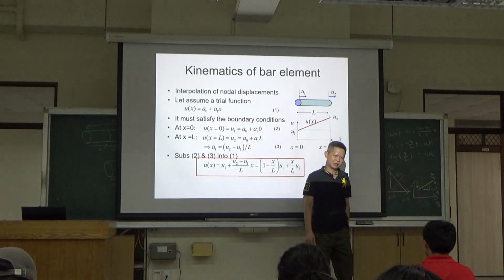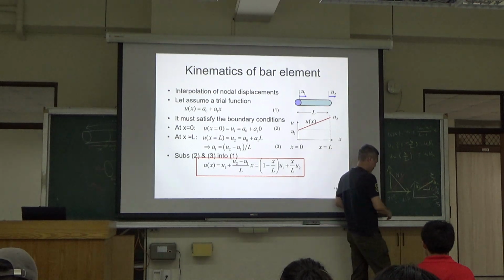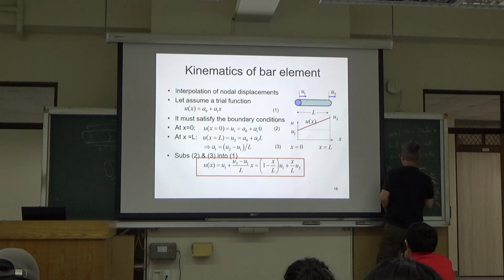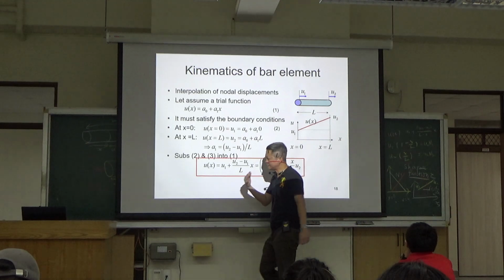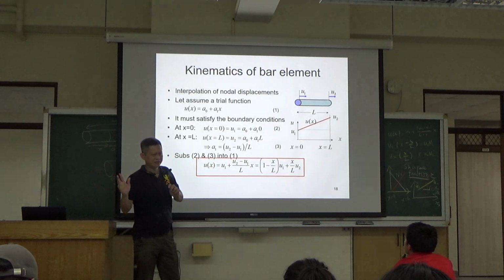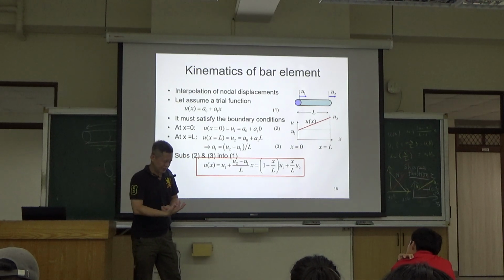So what does it mean? This shape function tells you what's the range of your influence? As I told you before, force is transmitted from one node to another through the element.